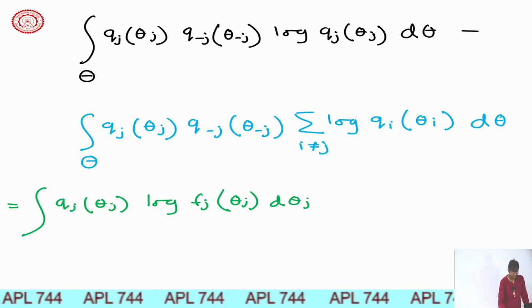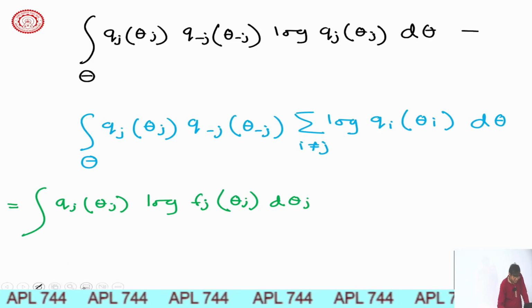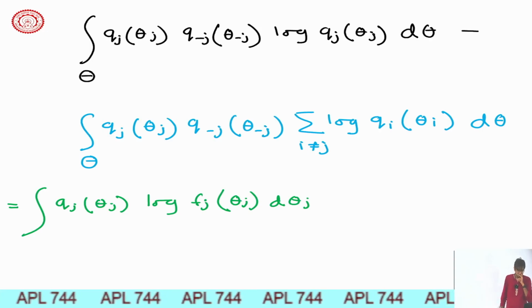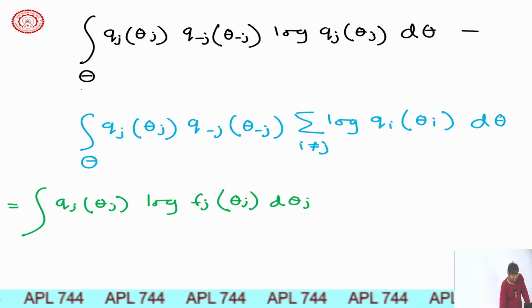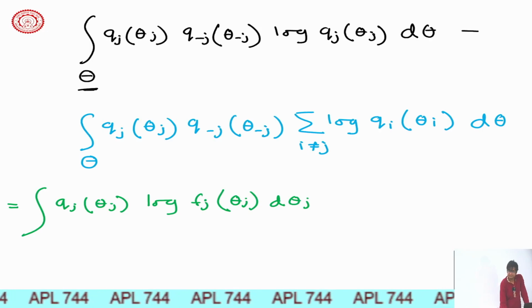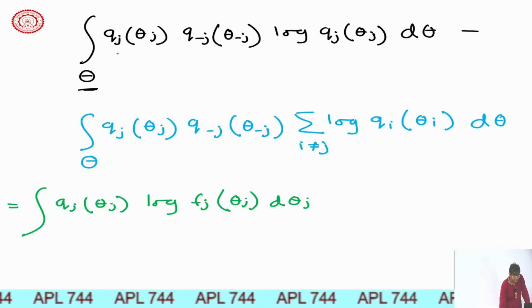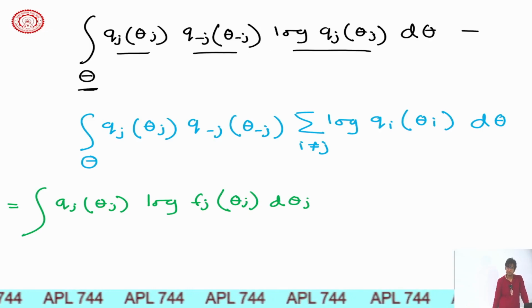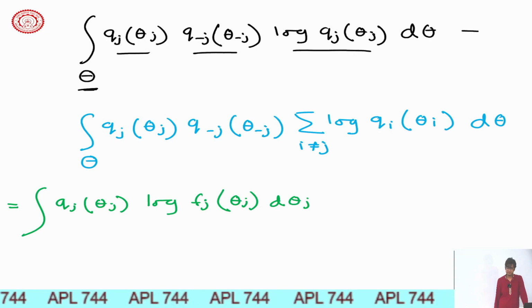Second term, the black one. Okay, so let us see. So this is a k dimensional integration, right? I will separate it out, keep this and this together and this separate. Clear what I said?